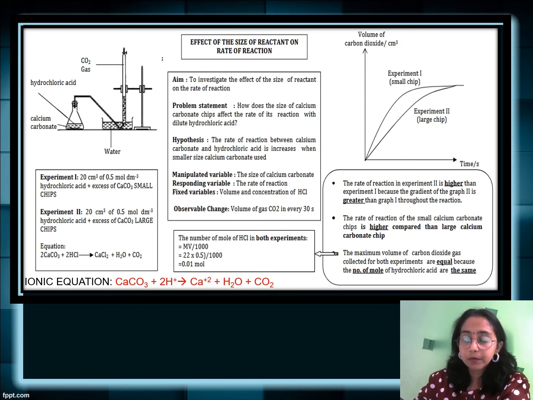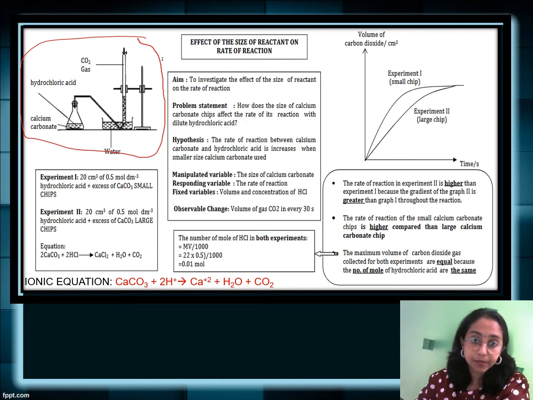When we are talking about the effect of size, the very famous setup that is very frequently questioned in your paper 2 is drawing the setup. Students, please train yourself to draw this setup always. A very common error of candidates when drawing the setup is forgetting to place the stopper. Always remember, when you place your stopper, it must show half in and half out. That's very important.